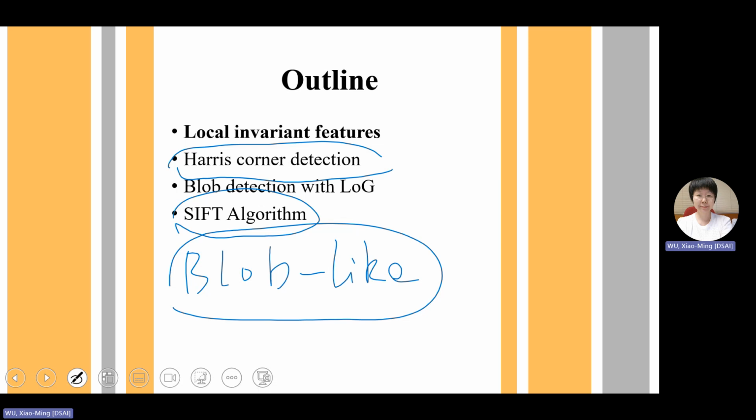So we have introduced edge detection. Now we're going to introduce corner detection. Corners are places where two edges converge. So similarly, let's recall what are the techniques or metrics we used for edge detection. How can we identify edges within an image?